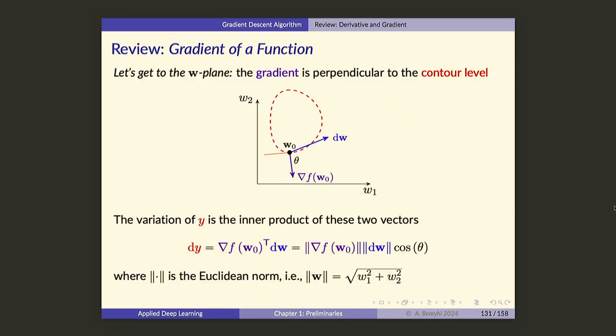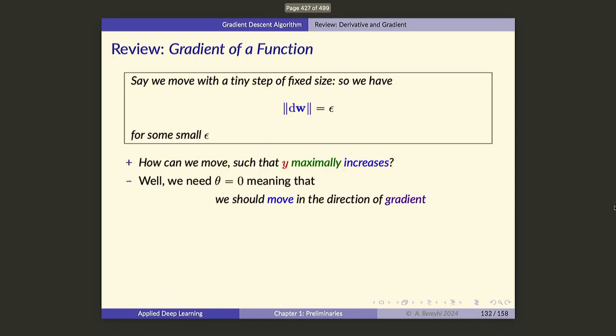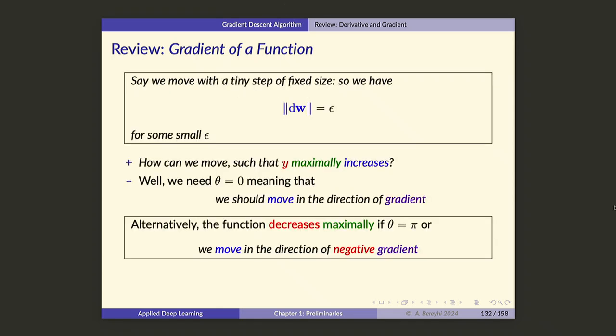So I put this blue line to be exactly the other direction of my gradient, because that's going to make this change in the function the most negative possible. And this is the greatest drop in my value of the function. Meaning that if I want to maximally decrease my function, I need to move exactly in the opposite direction that my gradient is telling me, right?